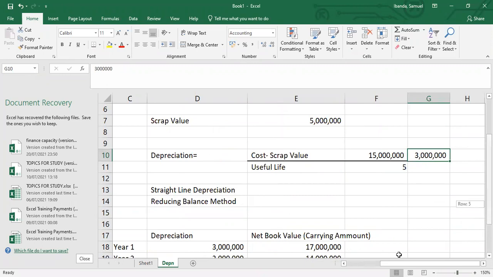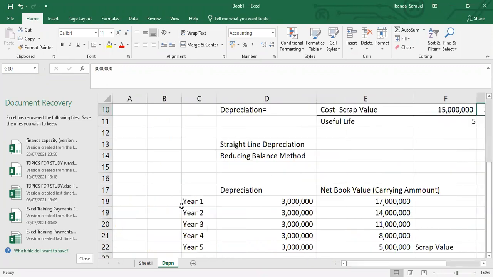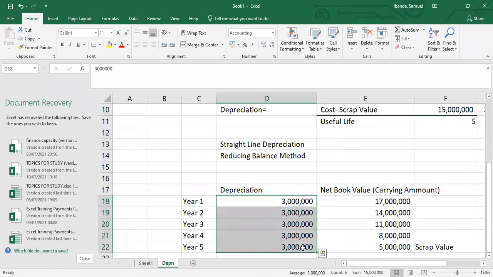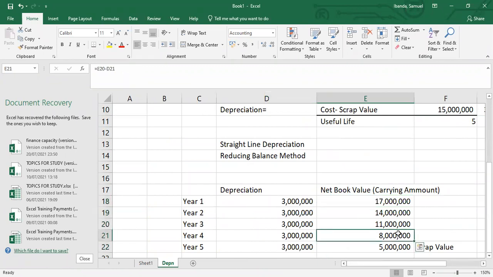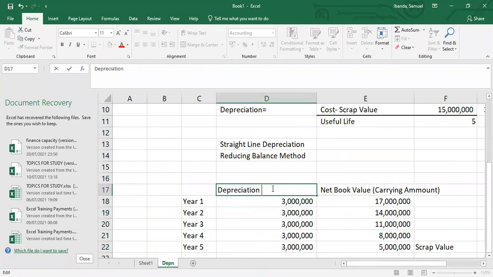We recognize this depreciation, and this is what we have as our net book value. So this goes to the P&L. When somebody says P&L, they mean the profit and loss.